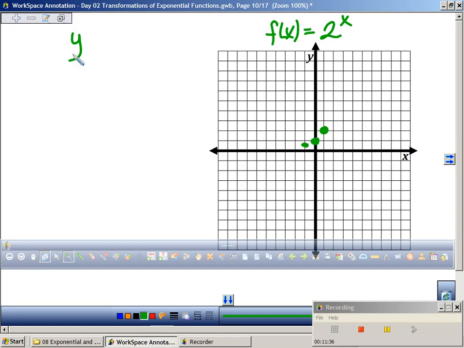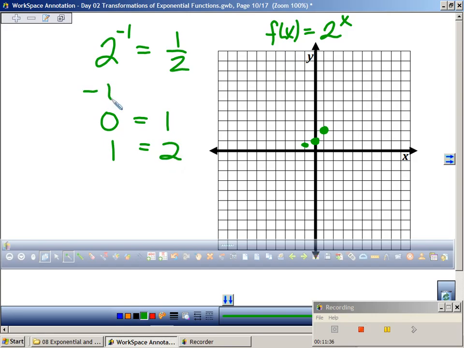Because 2 to the negative 1 is equal to a half. Remember the symmetry that we had with that? 2 to the 0 equals 1. If I put in 1, I get 2. If I put in negative 1, I get a half. If I put 2, I get 4.